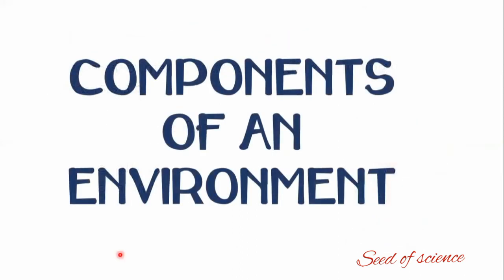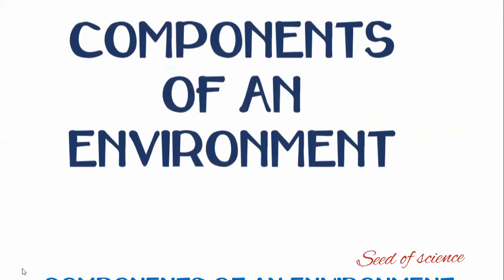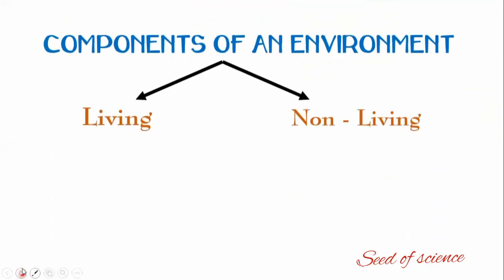Can you guess what the components of the environment are? Yes, there are mainly two components of the environment. One is the living and the other is the non-living, right? Already you know the examples for living.